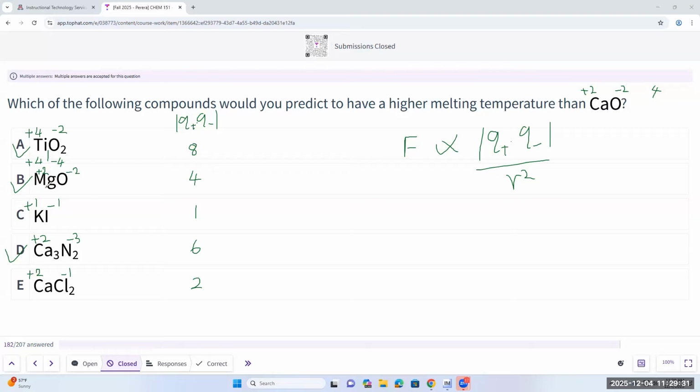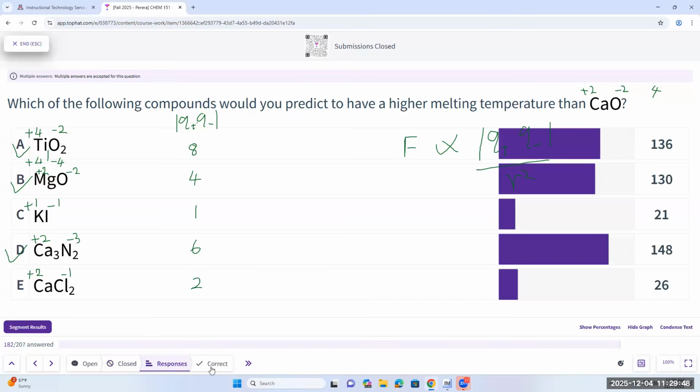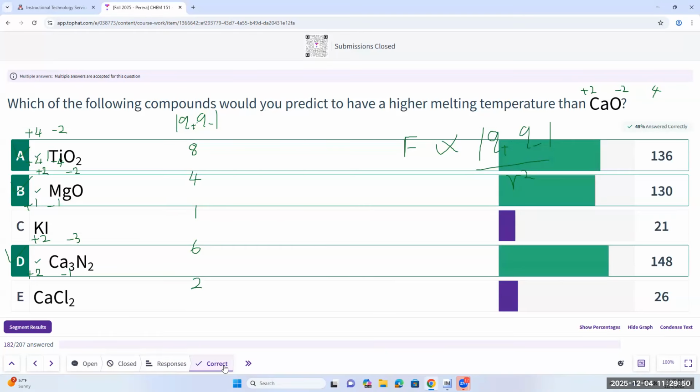Therefore, you're going to have a stronger ionic force in magnesium oxide, making it have a higher melting temperature than calcium oxide. Therefore, those three should be your answers. Let me see if Top Hat agrees with me. Yeah, these three are the answers.